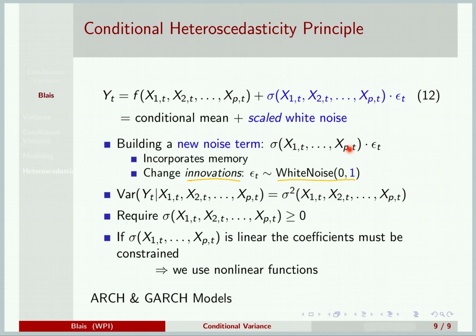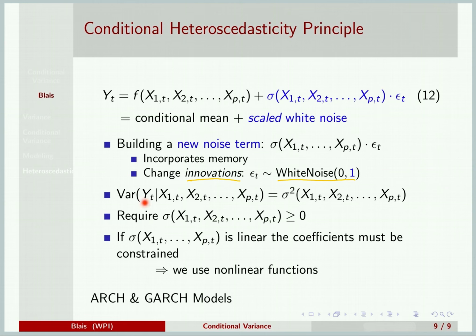This new noise term, sigma of your predictors times epsilon t, is going to build in some memory. The key aspect is that it builds in memory for the conditional variance of yt.